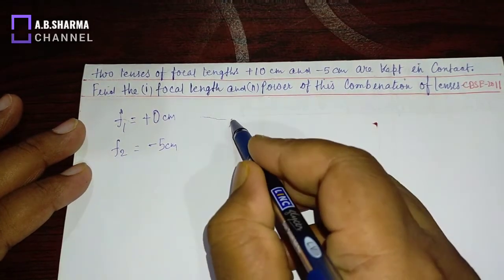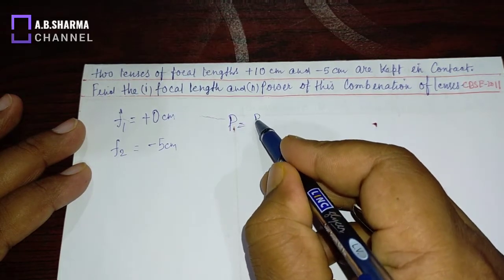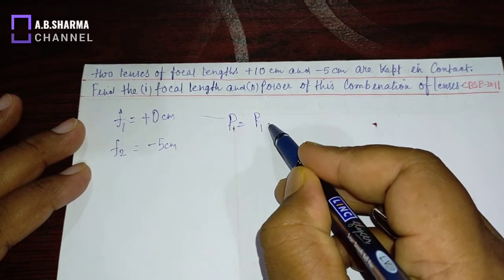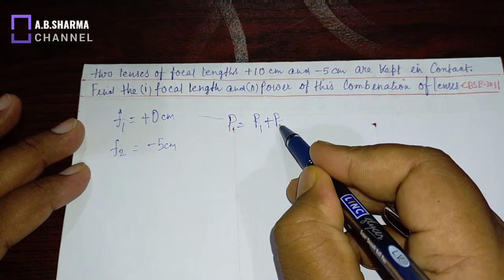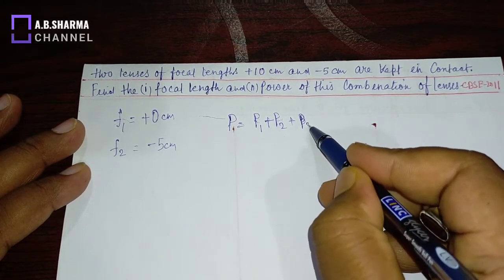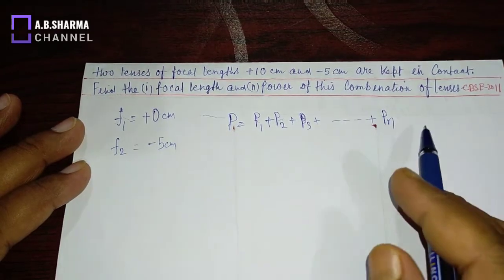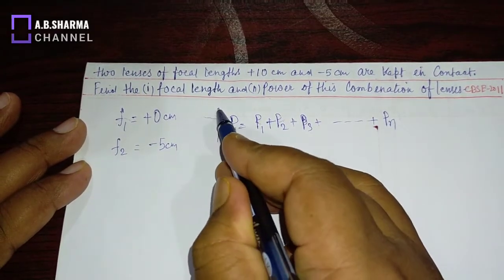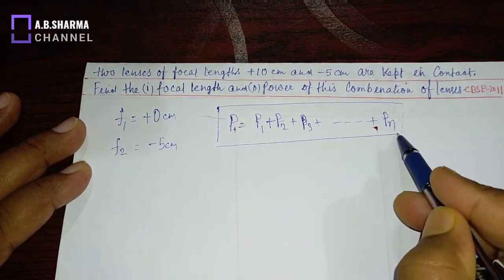Since we know that power of combination of lenses will be the sum of power of individual lenses, P1 plus P2 plus P3 plus up to Pn, if n lenses are combined together, this will be the formula of power of the combination.